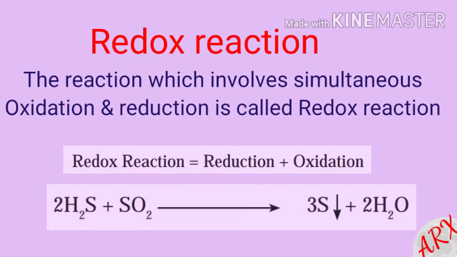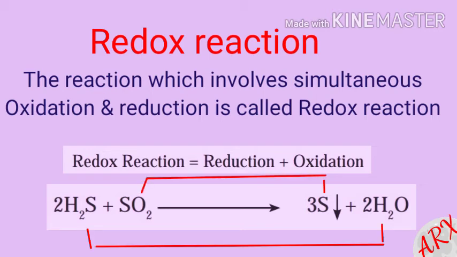Hence, it is a reduction reaction, as well as oxygen is gained by hydrogen sulfide to form water molecule. Hence, it is an oxidation reaction. So, this reaction involves oxidation and reduction simultaneously. Hence, it is a type of redox reaction.